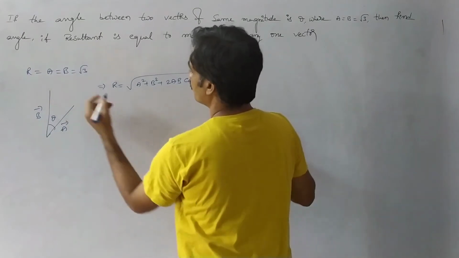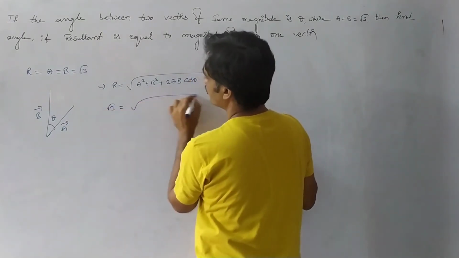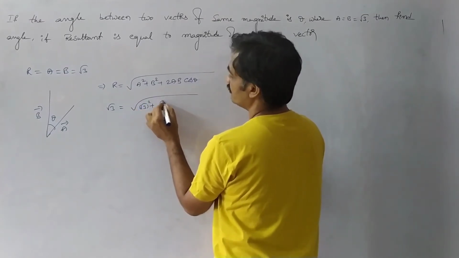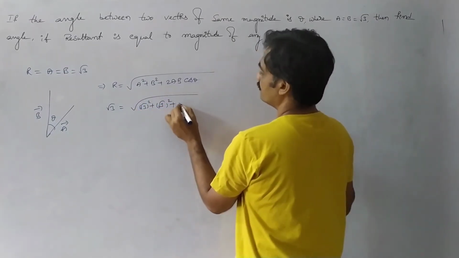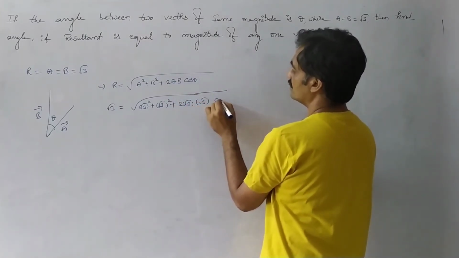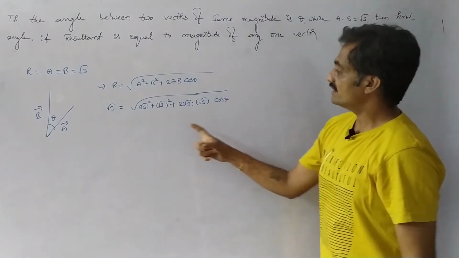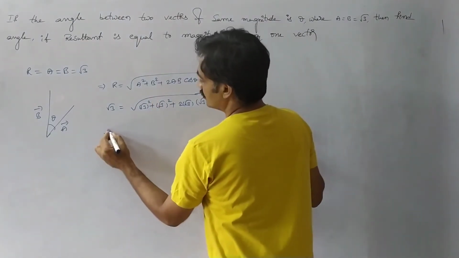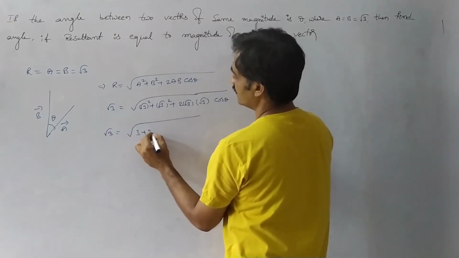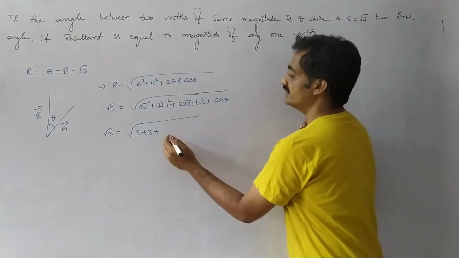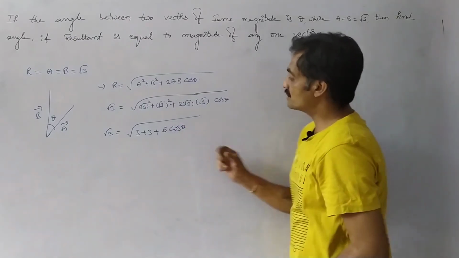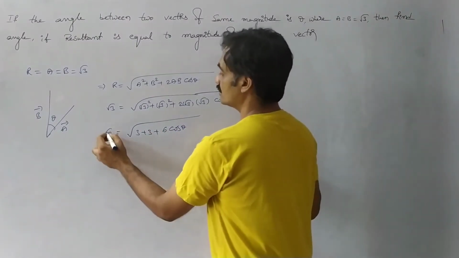Here the value of r is root 3, the value of a is root 3, and b is root 3, so root 3 equals the square root of root 3 whole square plus root 3 whole square plus 2 into root 3 into root 3 into cos theta. Here observe that root 3 equals the square root of 3 plus 3 plus 2 into 3, which is 6 cos theta. Now square this equation on both sides. Root to root gets cancelled.